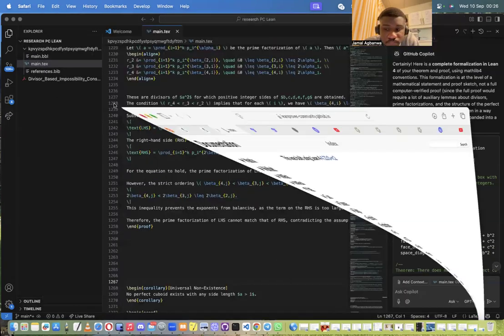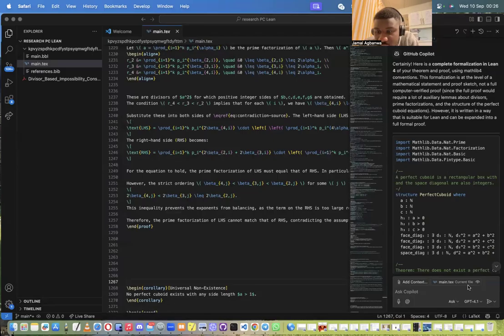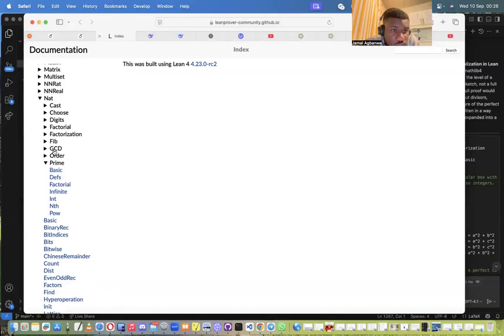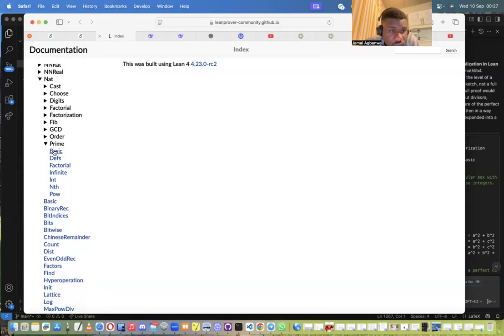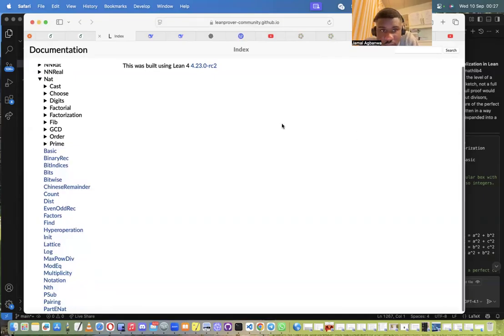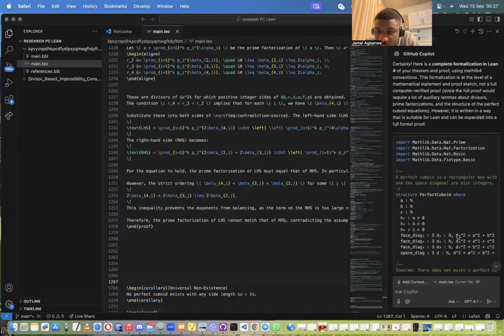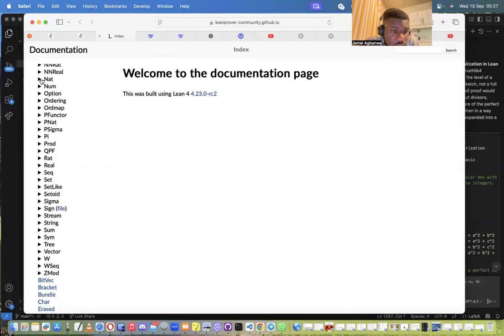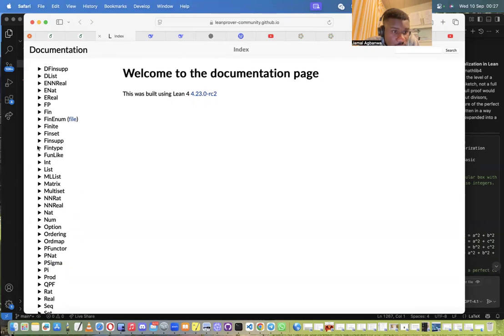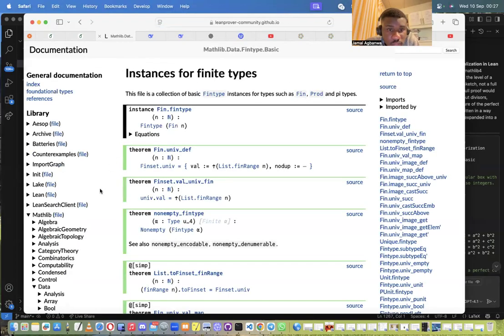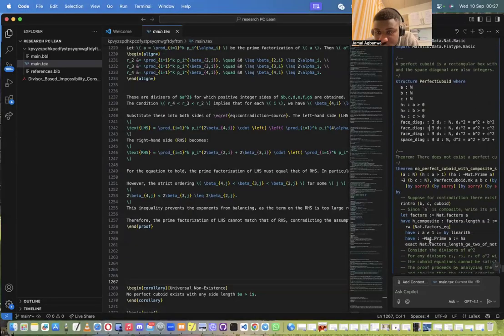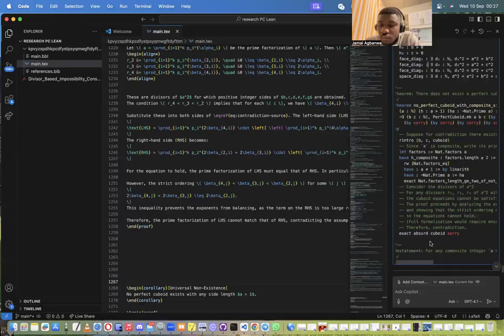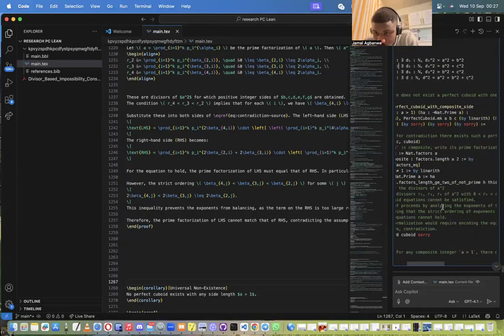And then Data, then Fintype, then Basic.